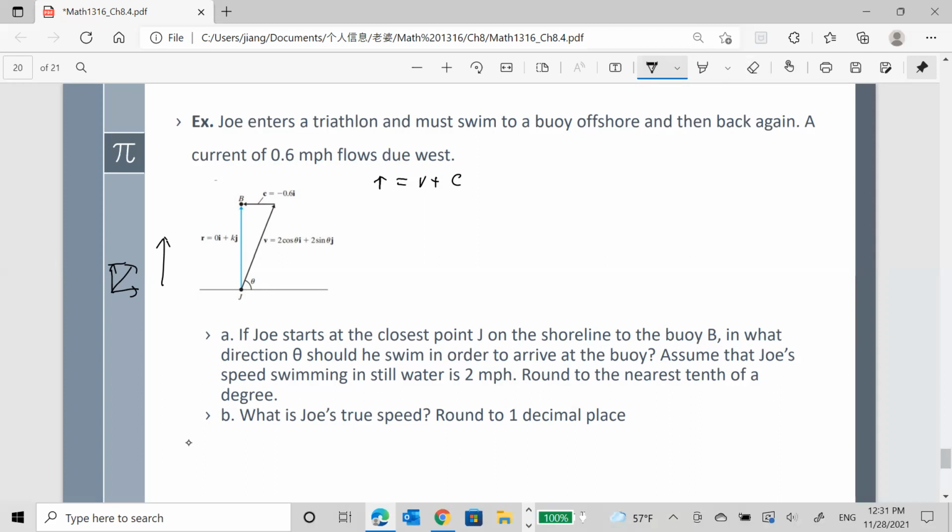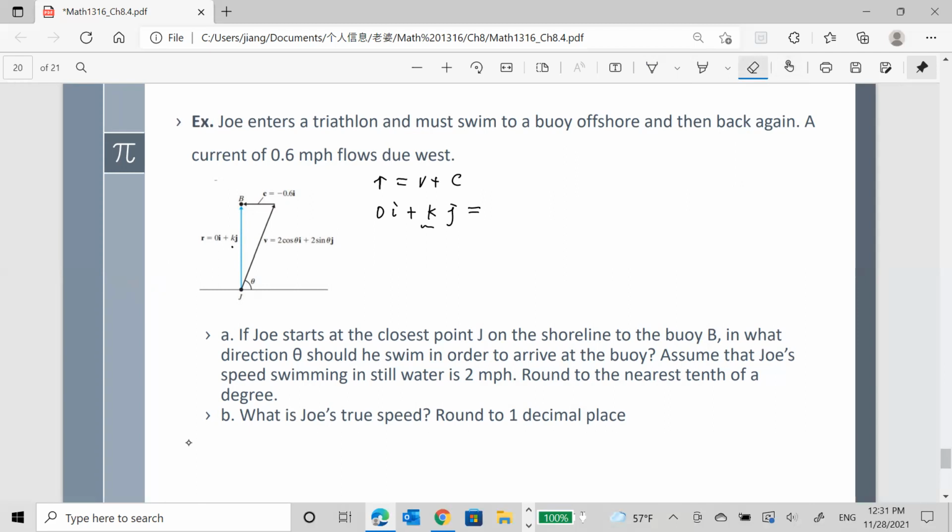I don't know what K is, so I can just say R is 0 times I, because there's no I direction, plus K J, with K as a variable. So K J equals V plus C. What is V?